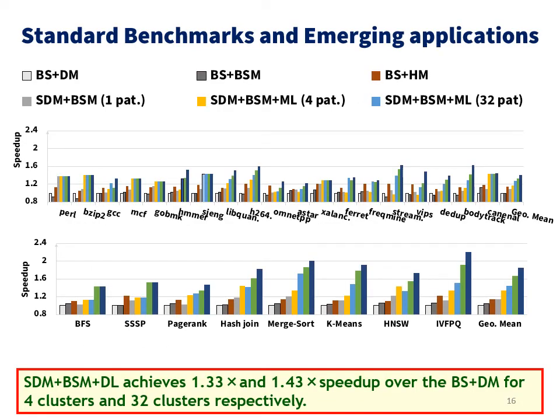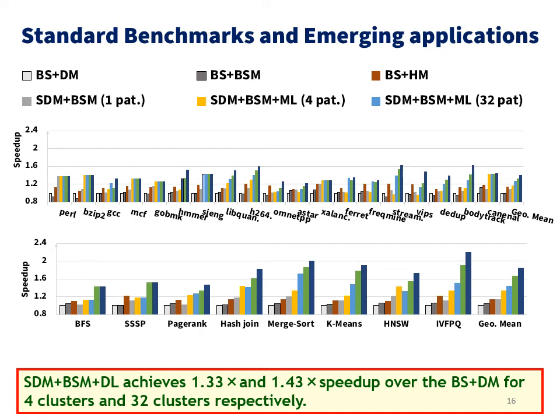BS plus DM represents a single fixed address mapping. BS plus BSM represents a single address mapping for all applications, identified by profiling. BS plus HM represents the advanced address mapping based on the hashing function. SDM plus BSM represents that for each process, it uses a single address mapping, chosen based on the bit flip rate.